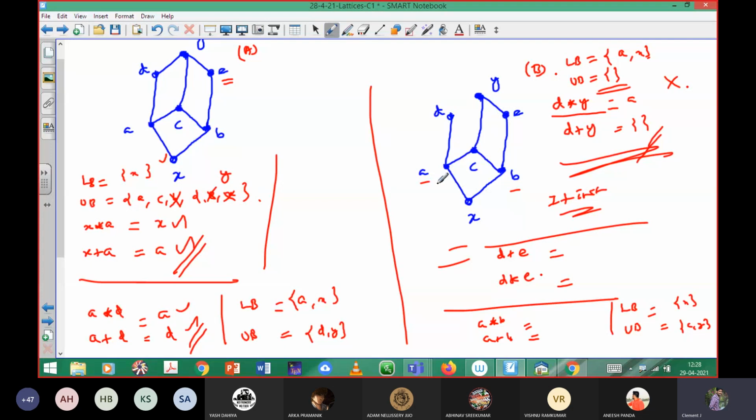Sometimes I first check between opposite sides like A, B, then I get some clear idea. If it satisfies, surely you will get some GLB and LUB between every pair of vertices, because most of the time, if it is connected, those sides will exist. So it is enough to check between opposite sides.